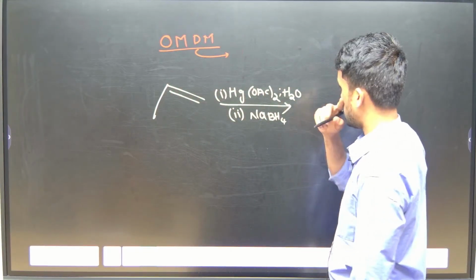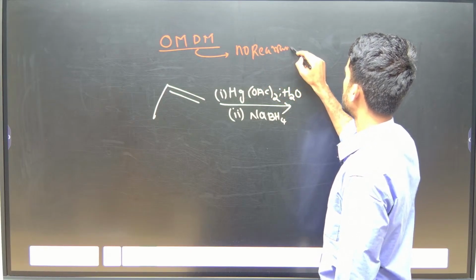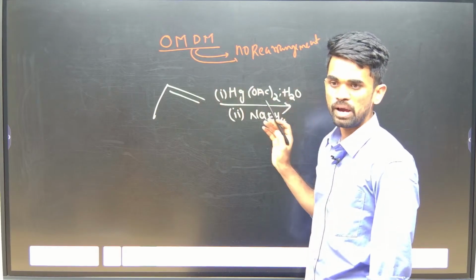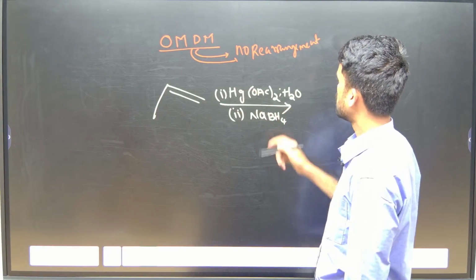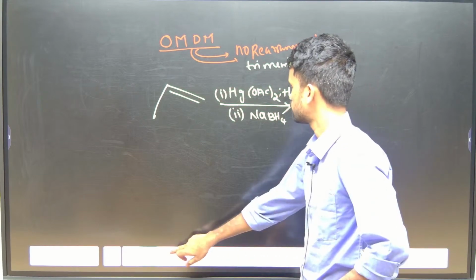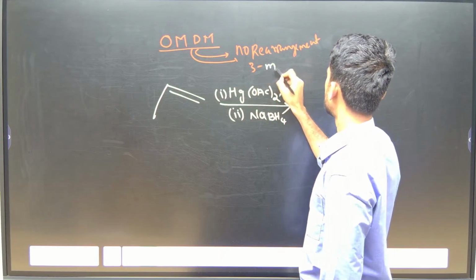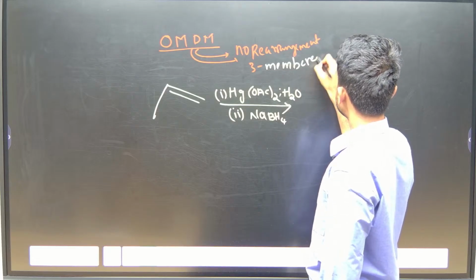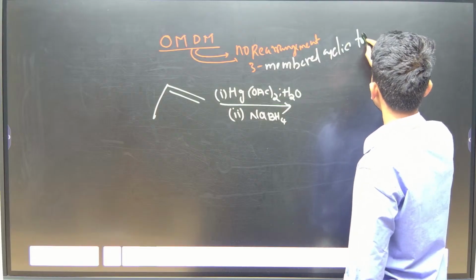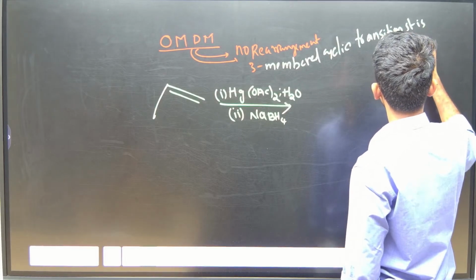Remember a few points. No rearrangement in the reaction. Wherever the double bond is there, we need to add. There is no rearrangement. And a three-membered cyclic transition state is formed.